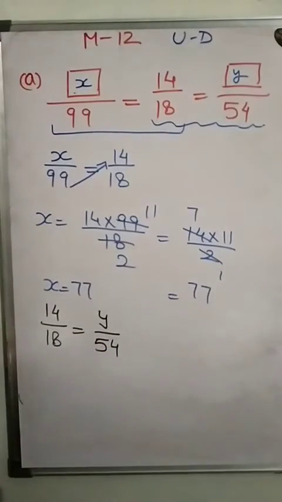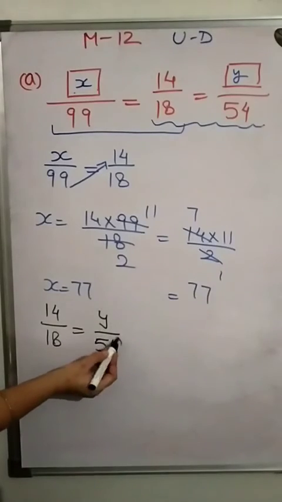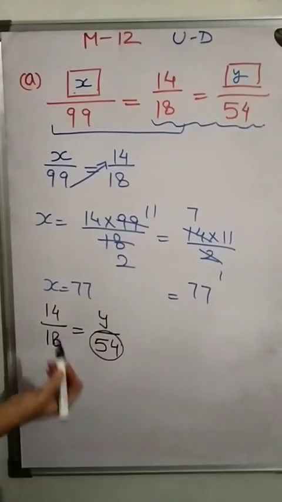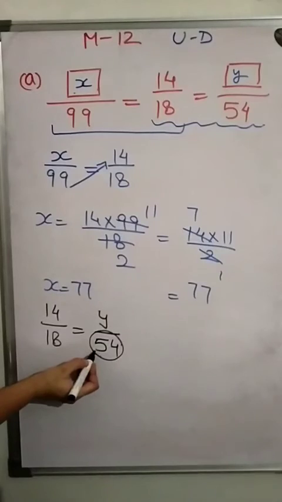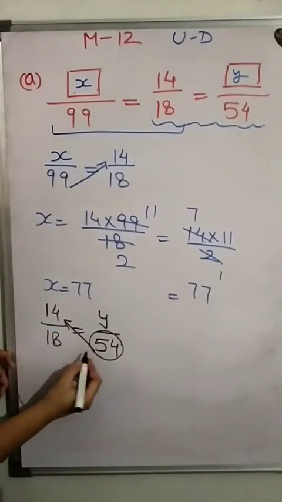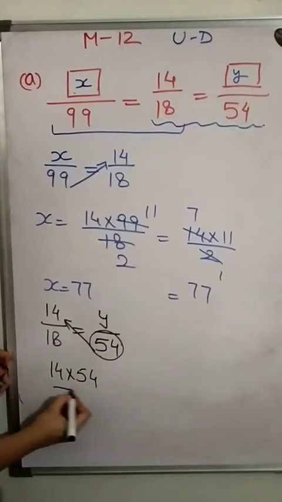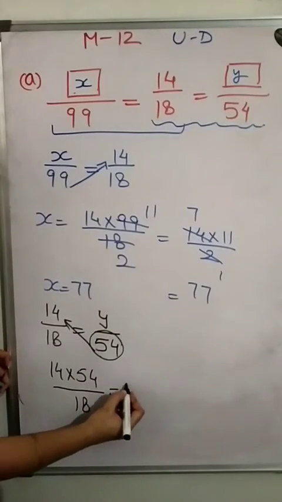In the same way, do the cross multiplication method, because we want the value of y, so we have to remove this value. According to cross multiplication, this denominator goes into the numerator on the other side. So 14 multiplied by 54 upon 18 is equivalent to y.